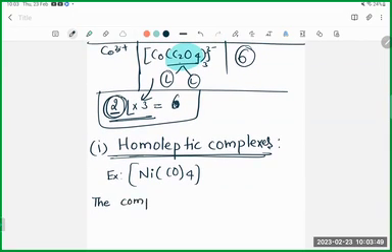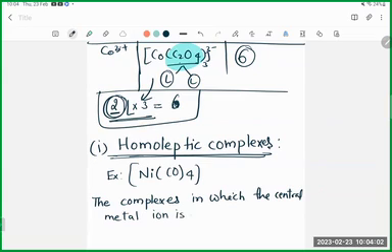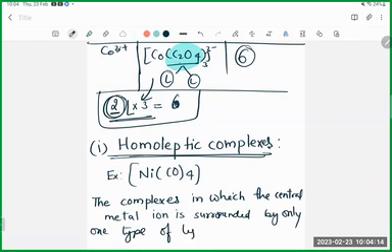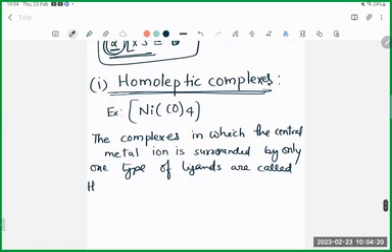So what is homoleptic? The complexes in which the central metal ion is surrounded by only one type of ligands. These are called homo. Homo means same.